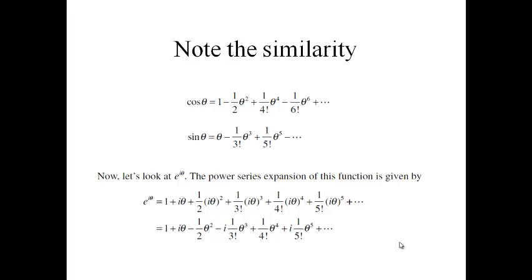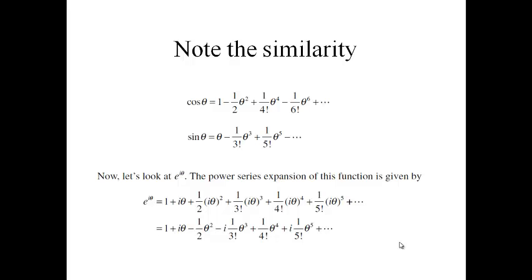Now let us consider the exponential form, the power series expansion of e power i theta. We know that e power x is nothing but 1 plus x by 1 factorial plus x squared by 2 factorial plus x cubed by 3 factorial plus etc. So instead of x we substitute i theta.